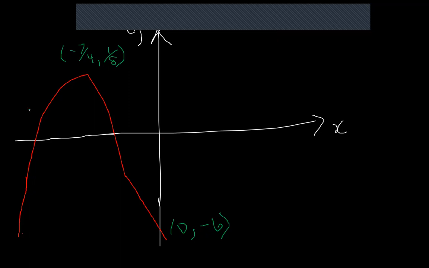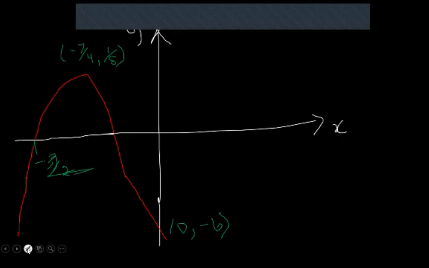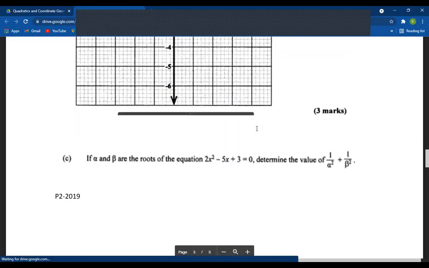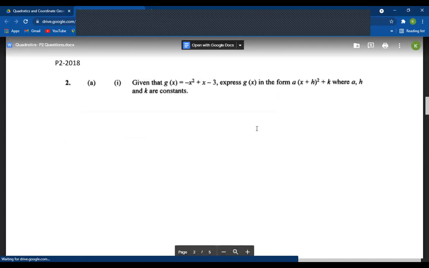And these are your roots, -3 and 2. And how many marks? That was 3 marks. So 6 marks already. You get 6 marks in that paper.